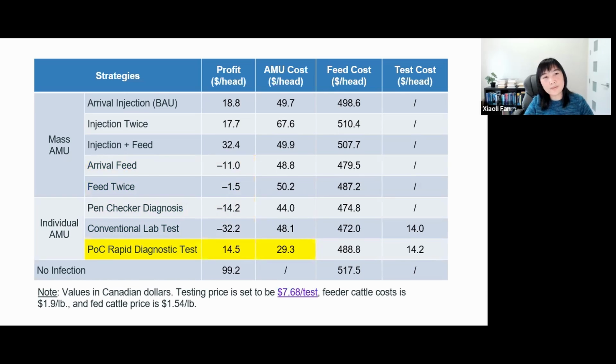However, that's based on an assumption that the test price is $7.68. This is not the actual test price. This is a price that I calculated based on a study, I think it's the Bill and Melinda Gates Foundation.